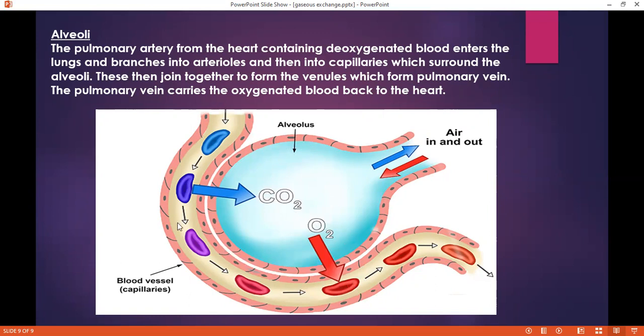And this is the capillary containing deoxygenated blood. This deoxygenated blood contains carbon dioxide. So all the carbon dioxide gets into the alveolar sac, and from the alveolar sac, all the oxygen gets into the capillary, and from the capillary it travels down into the blood, and this blood then supplies all over the body.